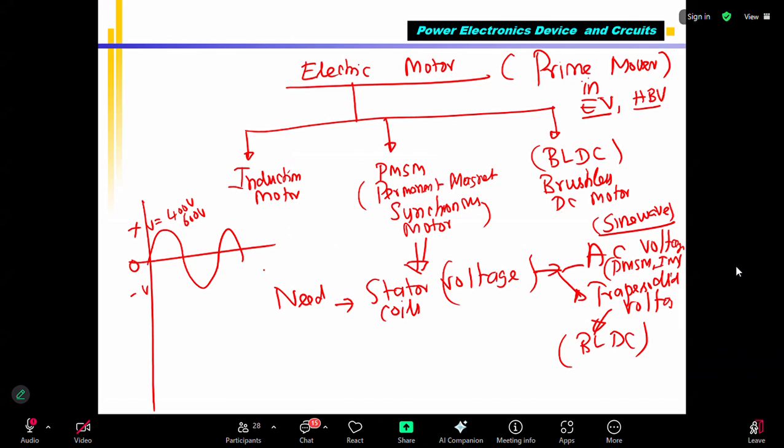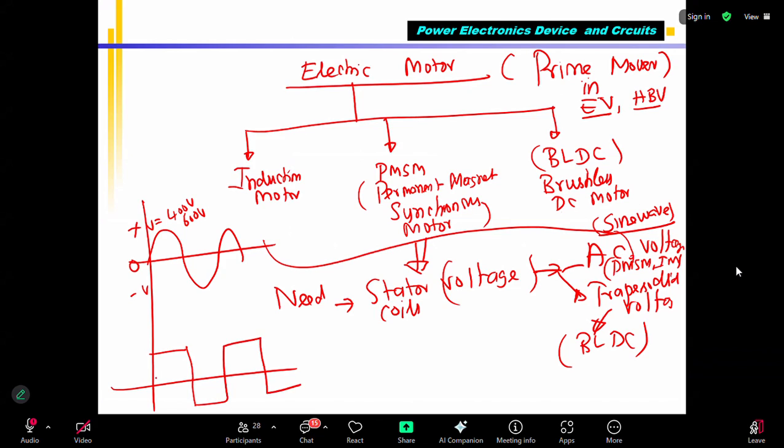Sinusoidal shape. This voltage will be used to drive these two motors, PMSM and induction. Otherwise, you will supply a square wave or modified square wave, something like this.